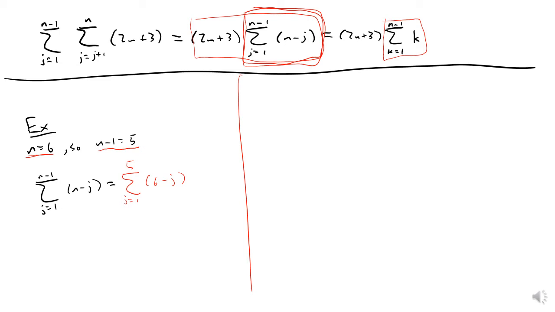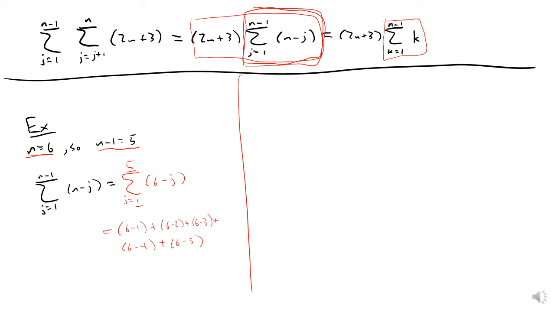If I break this down term by term, this is 6 minus 1 plus 6 minus 2 plus 6 minus 3 plus 6 minus 4 plus 6 minus 5. I start with j equals 1, and I end when I get to j equals 5.